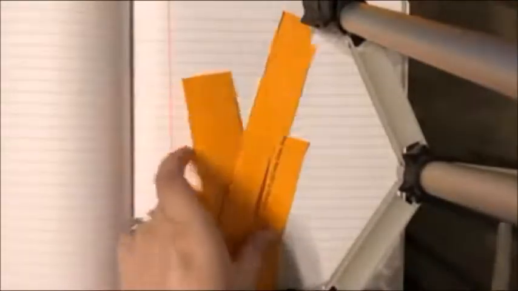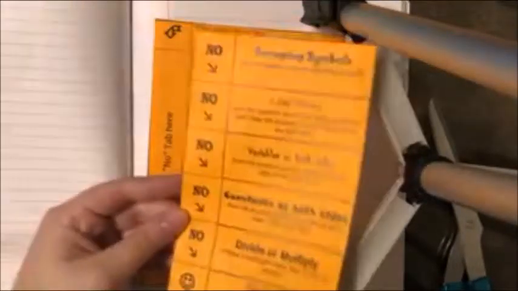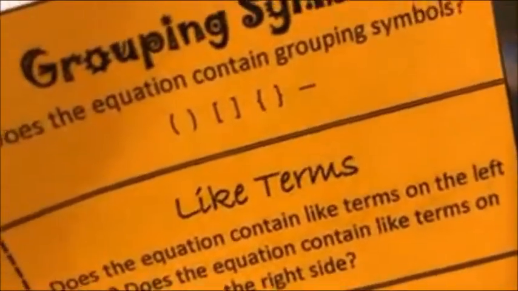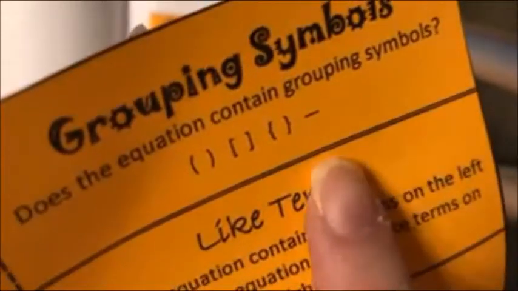Make sure you throw your scraps in the garbage can. So now I have 2 pages. I have this page where it says glue no tab here, and then I have this page that has all the no's on it. Now you can see, they're very faint, but there's a double line there. You're going to cut right along that double line up until you get to the dash line for each one of these.